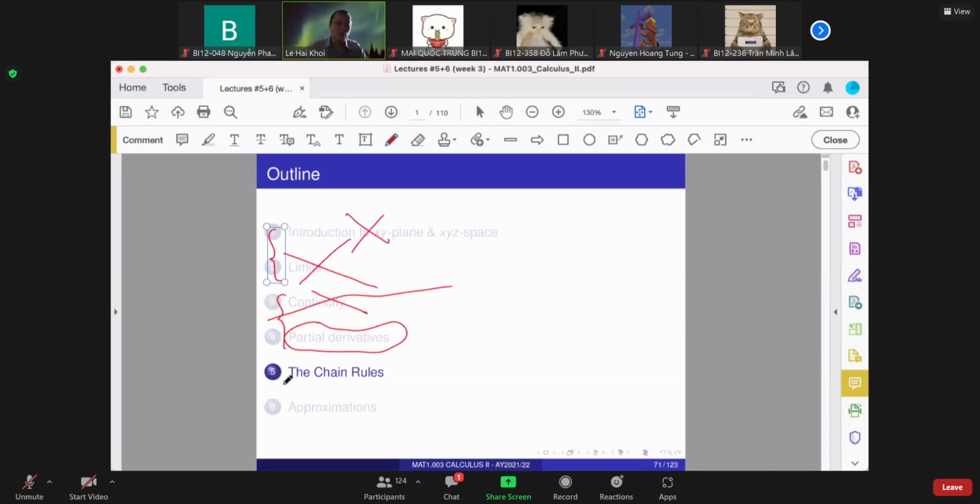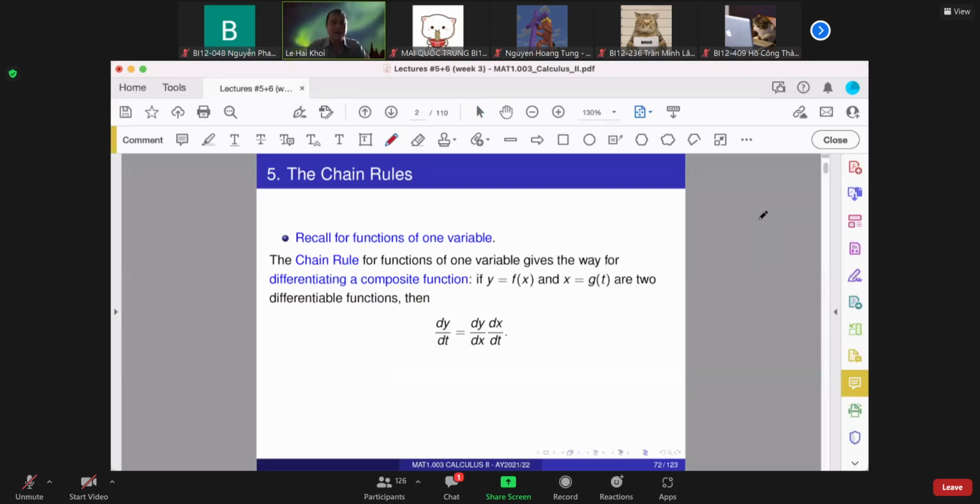And now we move to the last 2 sections of chapter 1. The first is the chain rule. For one variable, we know that the chain rule is applied for differentiating a composite function, which means if we have a function y equal to f(x), where x is a function g of t, then y actually is a function of variable t.